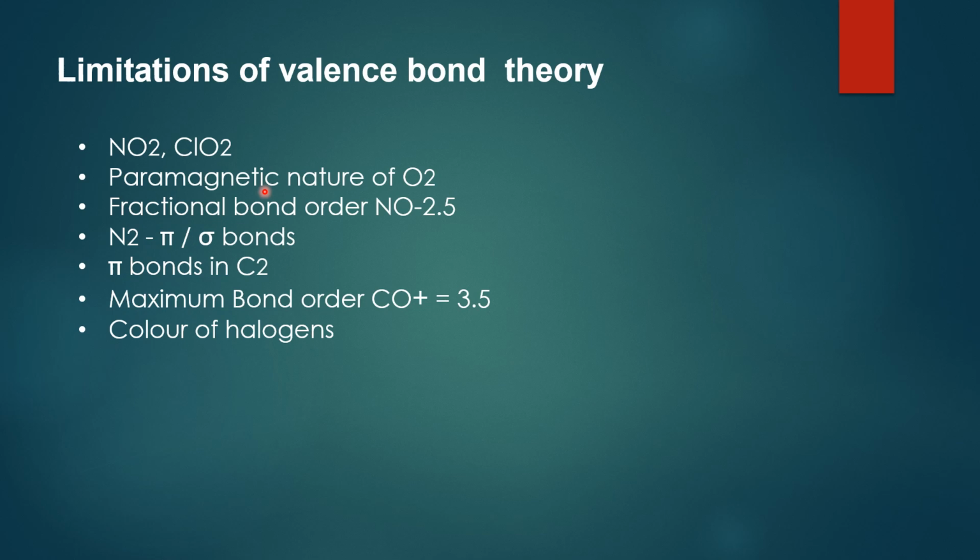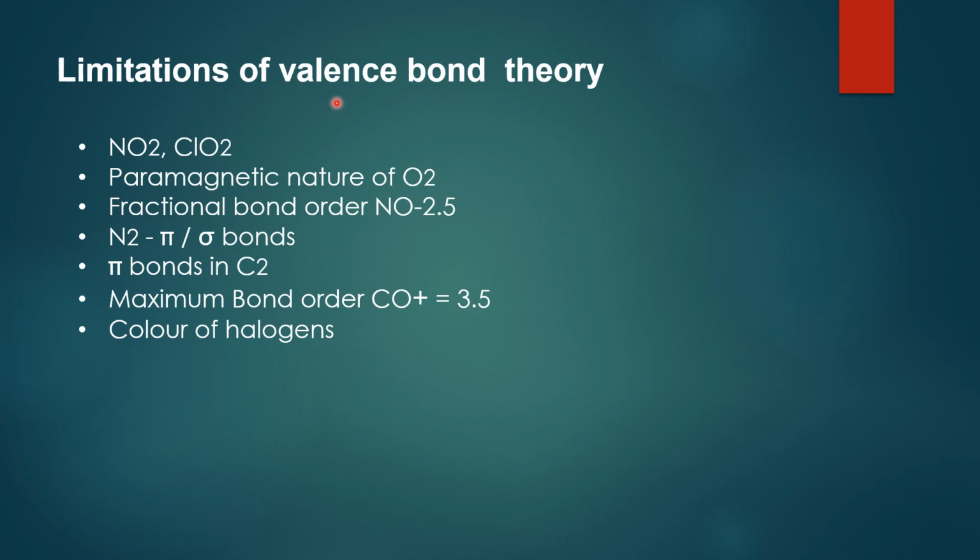Limitations of valence bond theory. Valence bond theory does not explain odd electron species. Examples of odd electron species are NO2 and ClO2. Both carry single unpaired electrons. The existence of unpaired electrons in these species cannot be explained by valence bond theory.